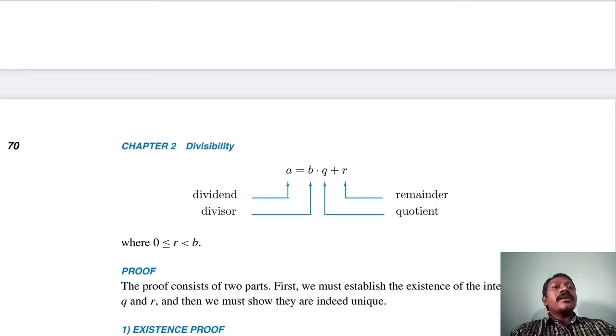Here b is 7, r is 6, while we take b as 7 and a as 13. Sometimes if you take 16 and divide it by 4, then you will get the remainder as 0. So this is the statement.